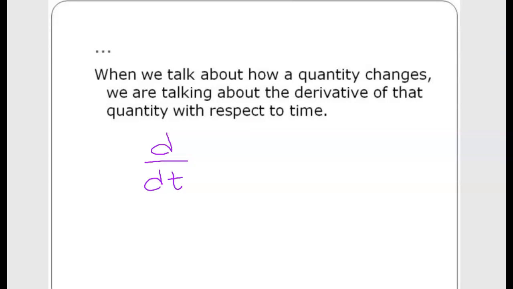When we talk about quantities for related rates, we're going to talk about them in terms of d/dt. When we talk about derivatives in related rates, we're going to use d/dt. So all derivatives are going to be with respect to time.